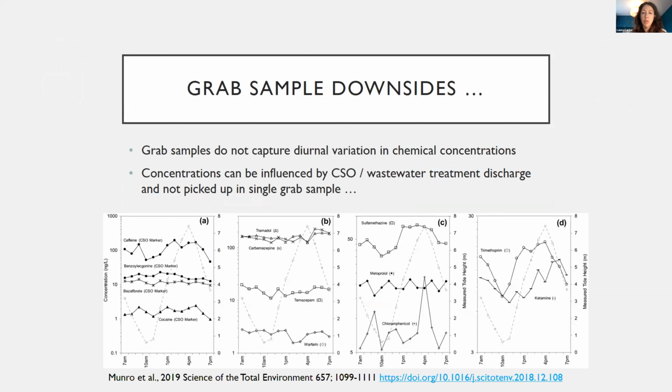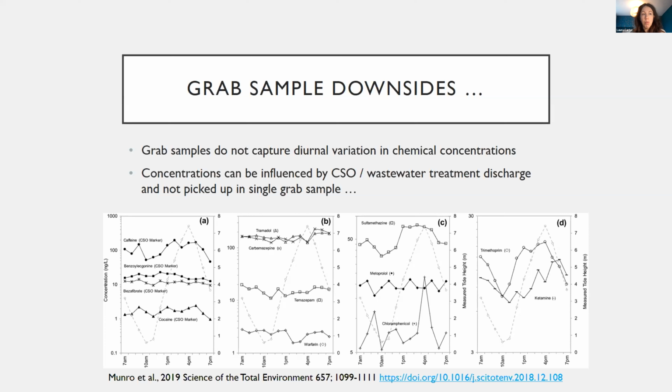And this was a 12-hour diurnal occurrence study. It was conducted in London between 7 in the morning and 7 in the evening. And they collected water samples during this period every hour. And this sampling site was in the Thames, so central London.